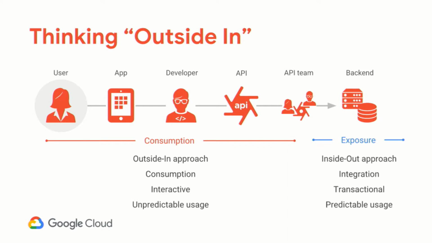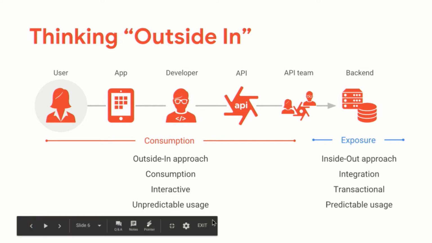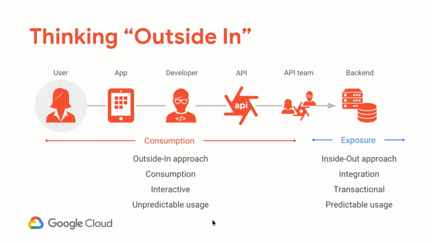What we find is a much more successful programs end up thinking about how to deliver that experience to the user. So who do we need to enable here? In this slide, you see the developer. This is the developer building your systems of engagement, building your mobile applications, your web applications. You need to enable them with a great API that's consistent and easy to use, so they can build those experiences and iterate on them very quickly.